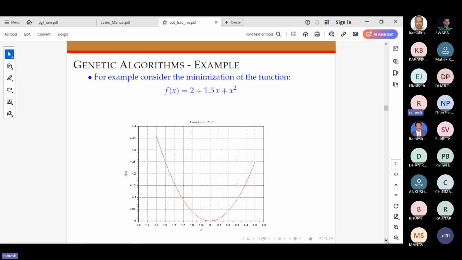We use genetic algorithms to solve really large scale optimization problems, which in computer science are known as NP-hard problems, requiring really large computer time and effort for the search. Those combinatorial optimization problems can be nicely tackled by genetic algorithms. But for understanding the progress of the method, we'll use this as an example. Our objective is to find the minimum of the function 2 plus 1.5x plus x squared.